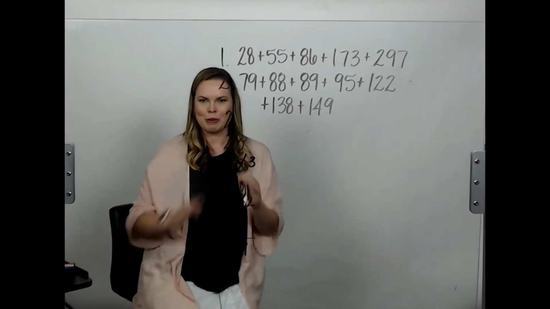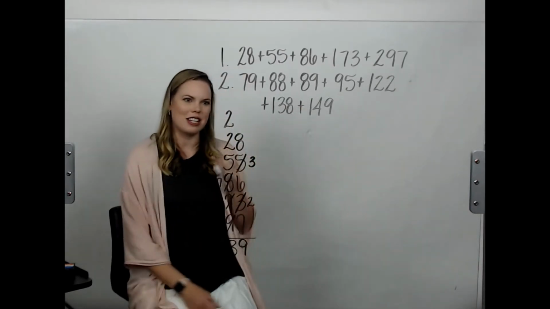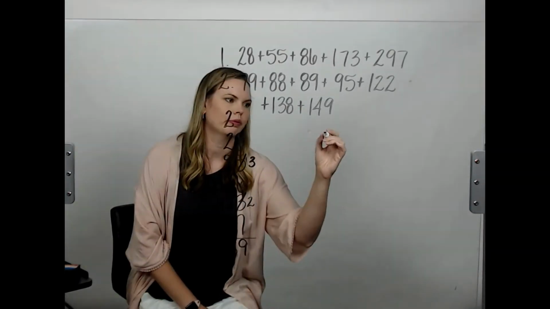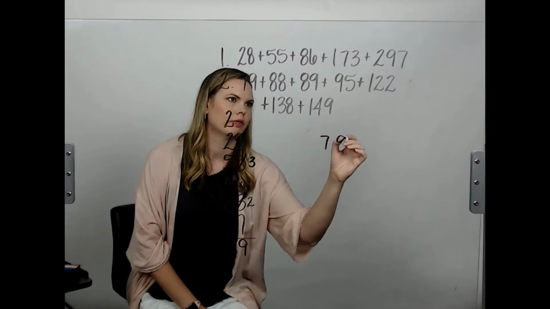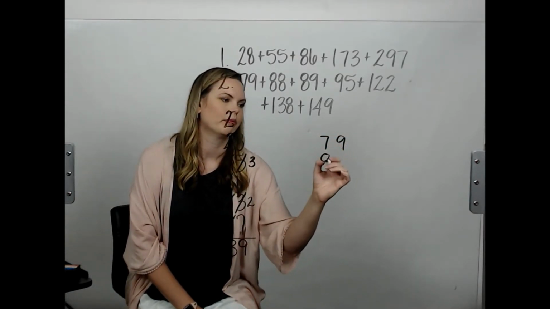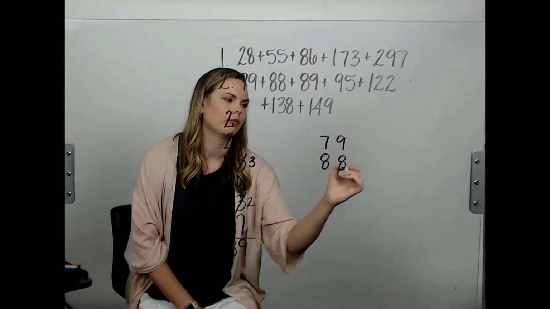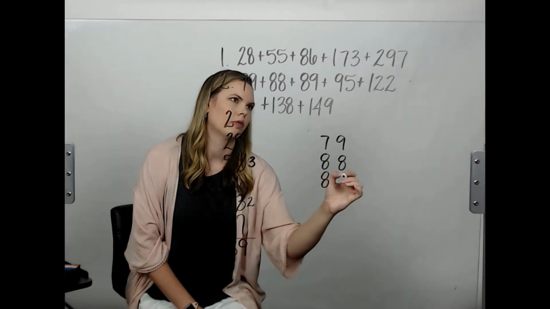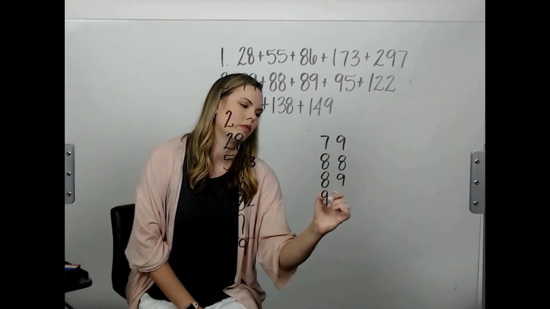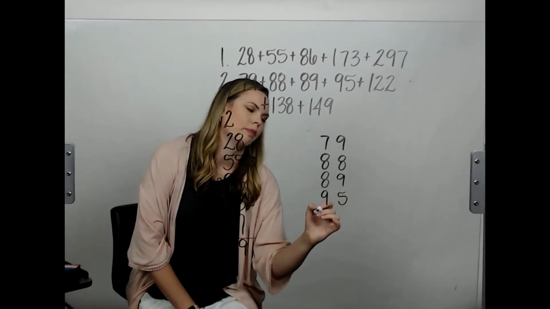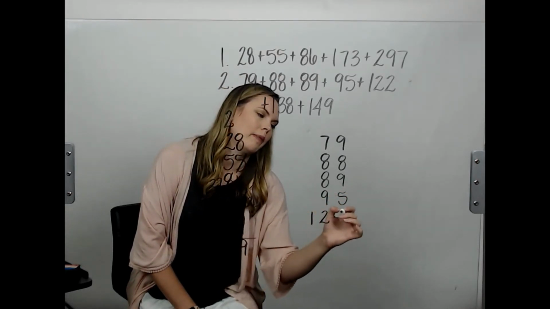I probably should have put a little bit more space between my numbers, so I'll do that as I set up this next one. Once again, lining up by place value.